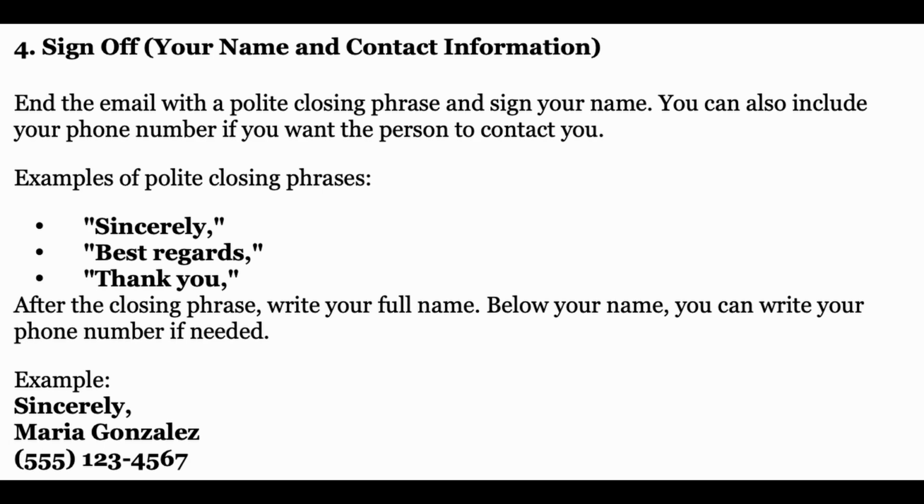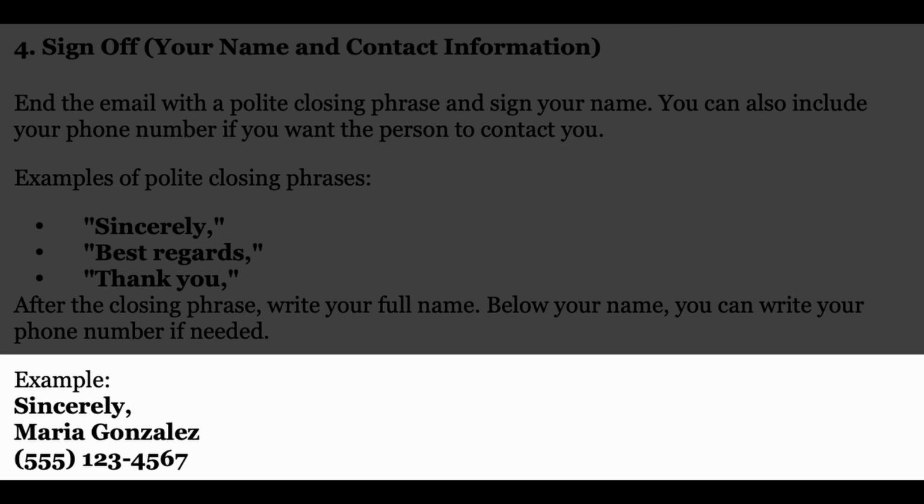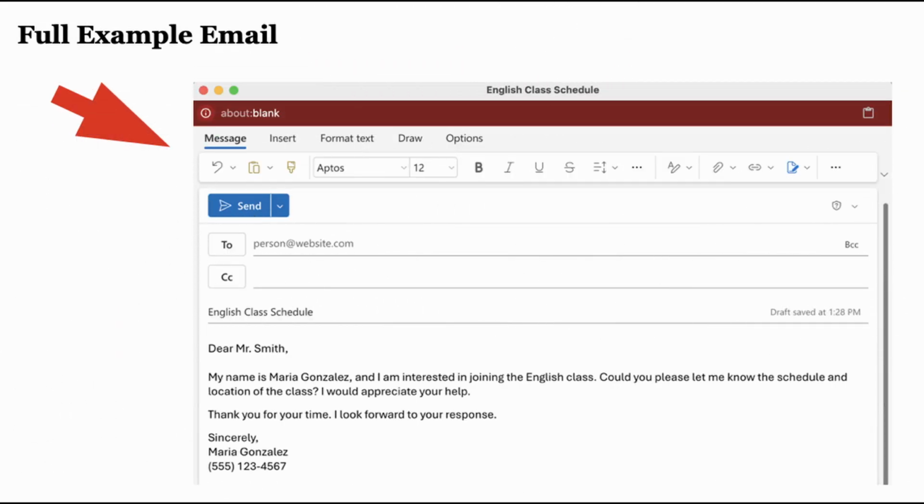But before you end with your information, be sure to put "sincerely" or "best regards" or a simple "thank you." Your textbook gives you a good example. "Sincerely, Maria Gonzalez, 555-123-4567."